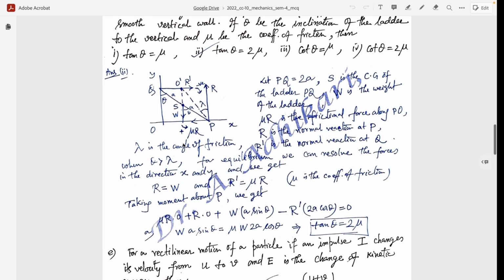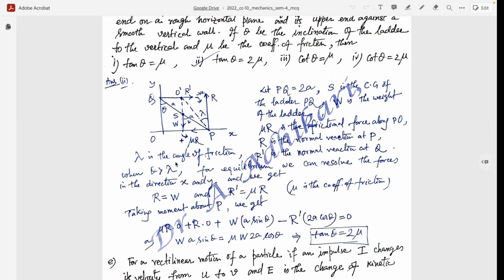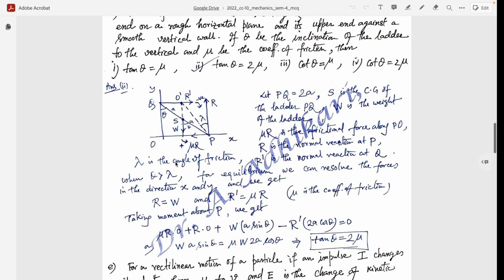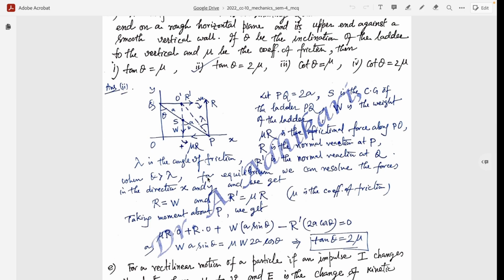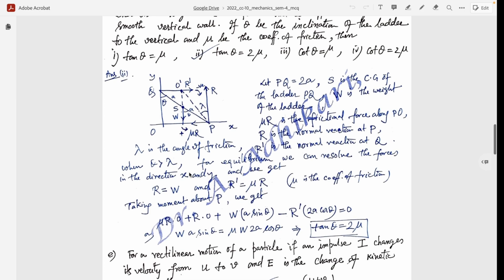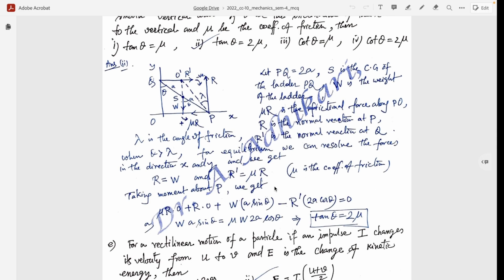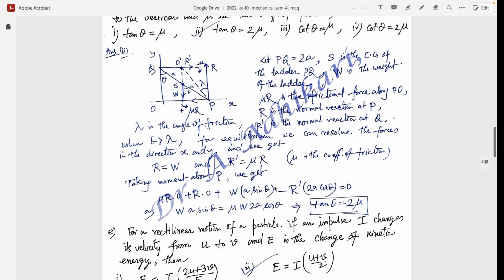Now, when theta is greater than lambda, then for the equilibrium we can resolve the forces in directions x and y. We get R equal to W and R dash equal to mu R. Here lambda is the angle of friction.